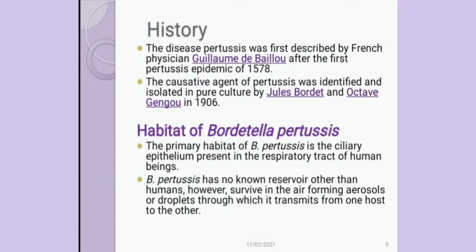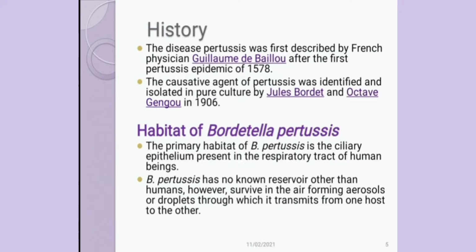Now, where is this bacterium found? So, let's see the habitat of pertussis. The primary habitat of Bordetella pertussis is the ciliary epithelium present in the respiratory tract of human beings. Bordetella pertussis has no known reservoir other than humans, and the bacteria are assumed to transmit directly from one infected individual to another.